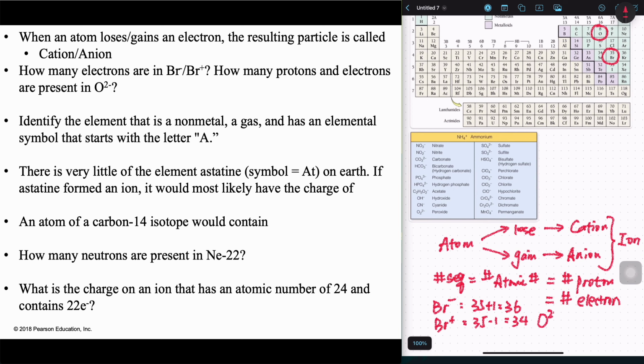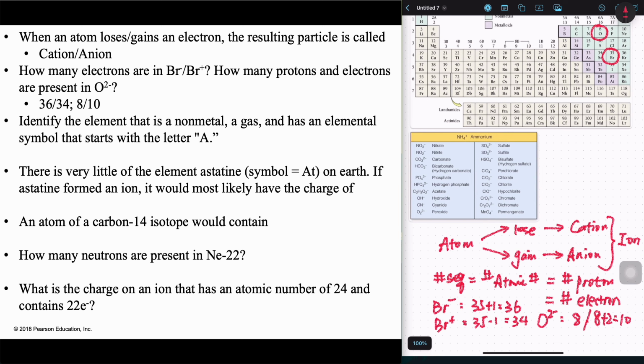For O2 minus, the proton number doesn't change, so the proton is 8. But for the electron, because it gained 2 more electrons, in total it has 10. Okay, that is how we solve question number 2.